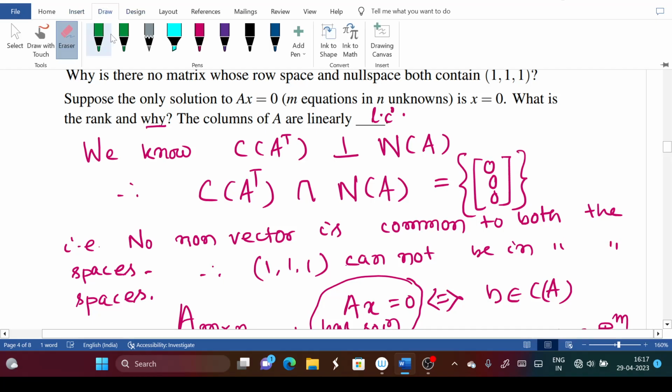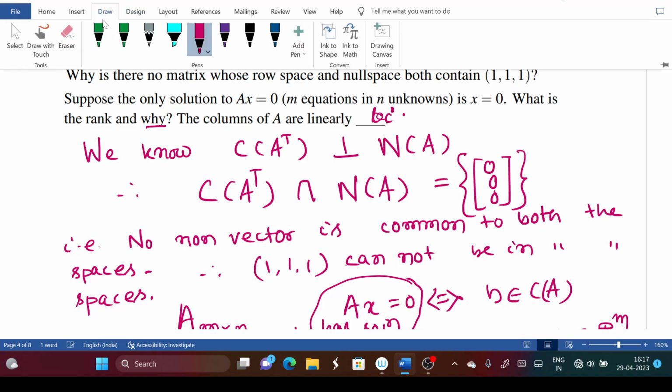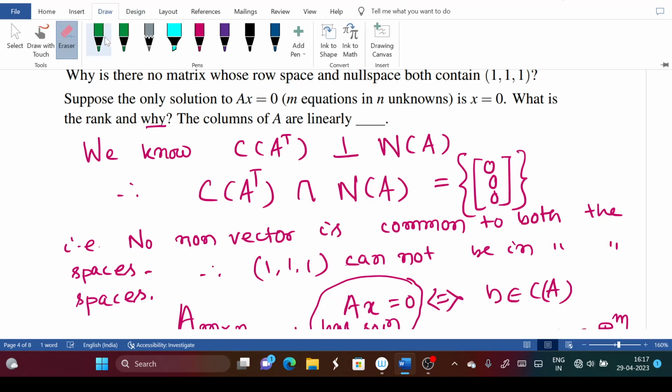Here columns of A need not be linearly independent. They may be linearly dependent.